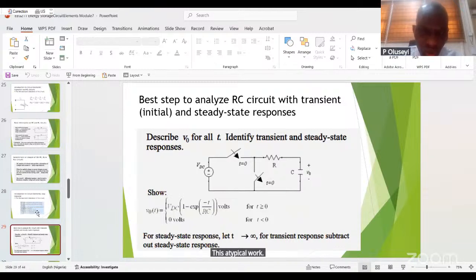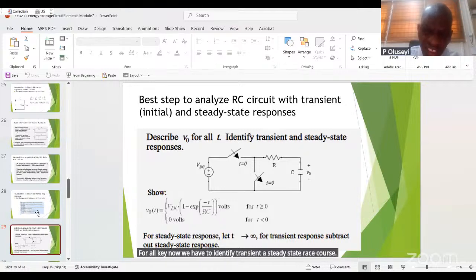Here, we are to describe V naught for all T, and we are to identify the transient and steady state response. You can see that when the switch closes to the DC battery, current will flow through the resistor and the capacitor.